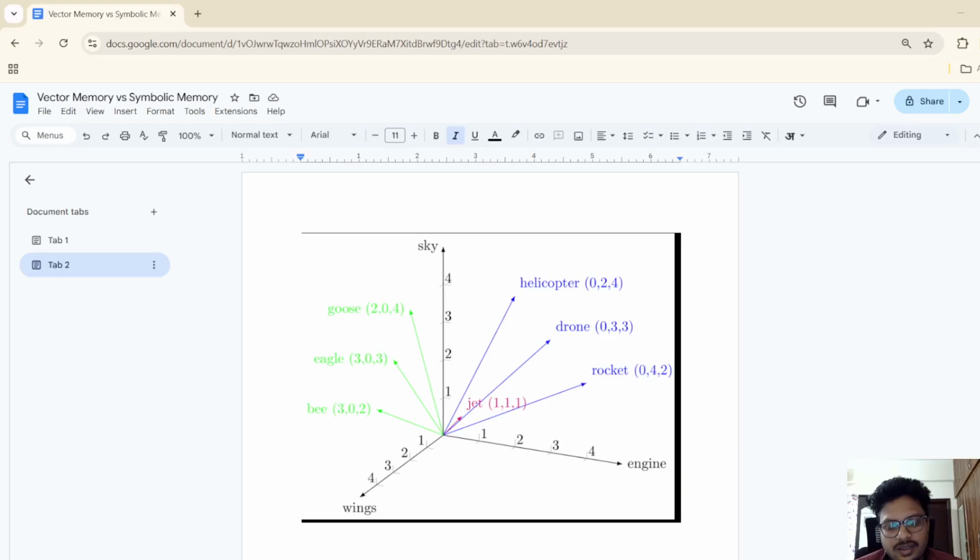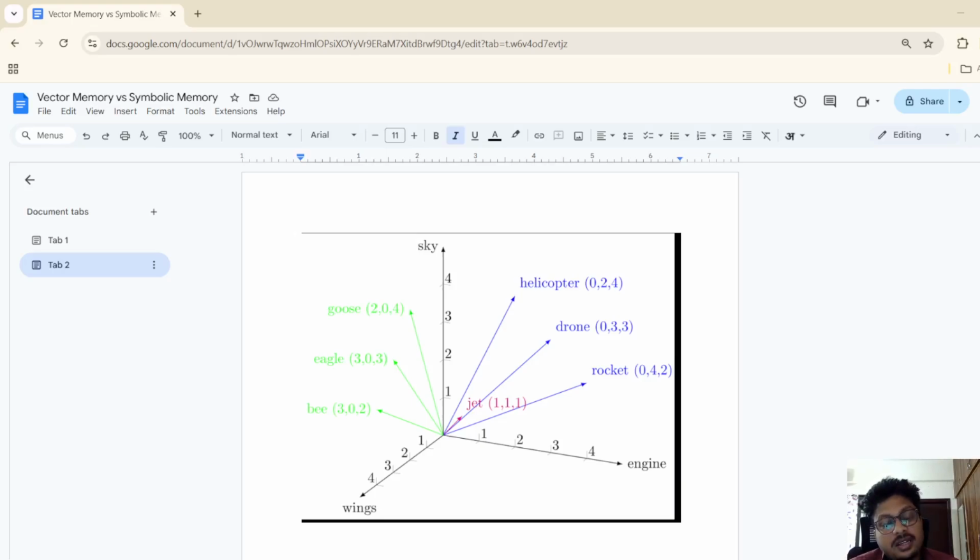If you see the words king and banana, they are two different words, but king and queen are very close, like how the helicopter and drone are placed.